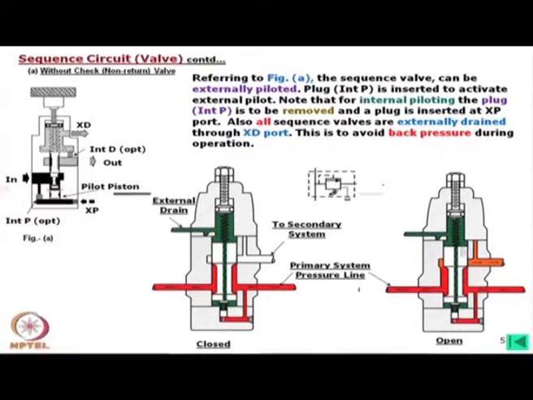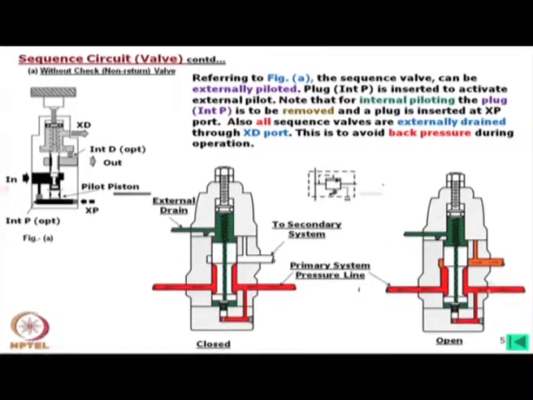When only this pressure exceeds to move, this pin is there, it will move and then oil will start flowing through this, and then it will go to this path, and this is for external draining.